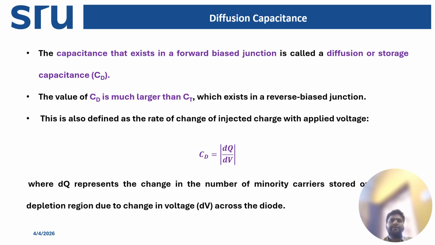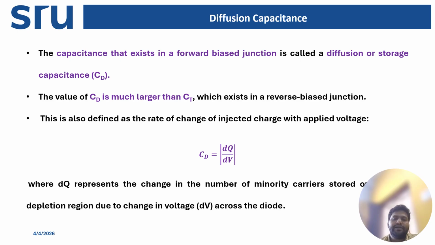Next is diffusion capacitance. Diffusion capacitance mainly occurs when the diode is operated in forward bias. So let us understand why it happens. When the diode is forward biased, the barrier potential decreases, the depletion region becomes narrow, and a large number of majority carriers cross the junction.